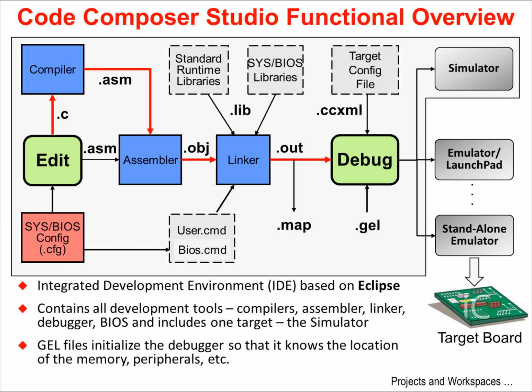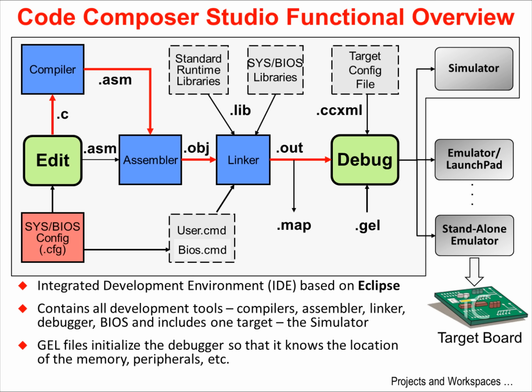The command file contains a list of all memories on the part and what types of software should be placed within them. Finally, the debugger on the right uses the target configuration file and GEL startup files to initialize and load your software onto your target device.